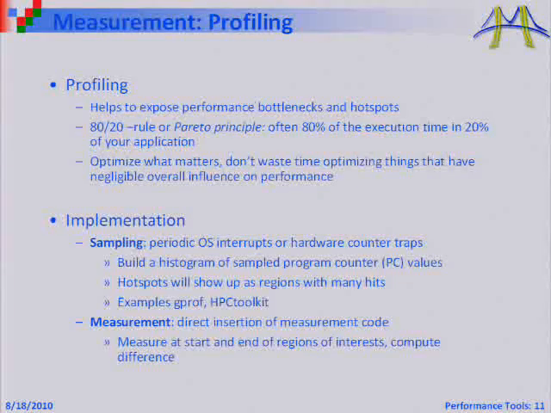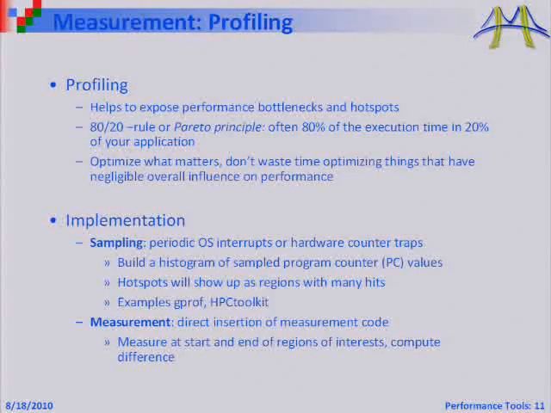And it turns out profiling can be implemented in two basic ways. One is called sampling, and the other one is called direct measurement. With sampling, you use a mechanism that the operating system offers, where you can periodically interrupt a running program and figure out where the program counter was. The program counter is a register in the CPU, and it tells you which instruction the processor currently executes.